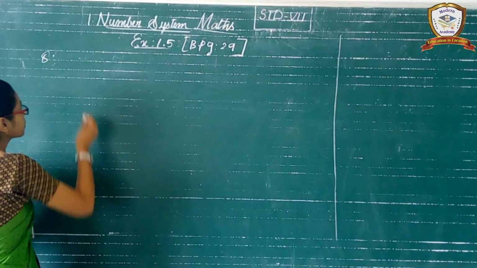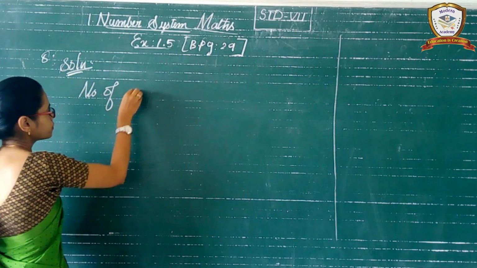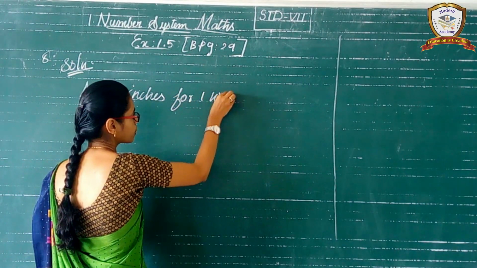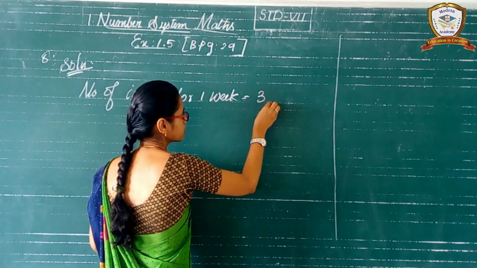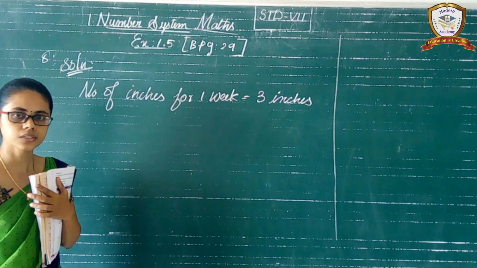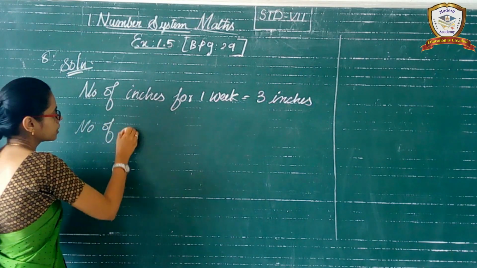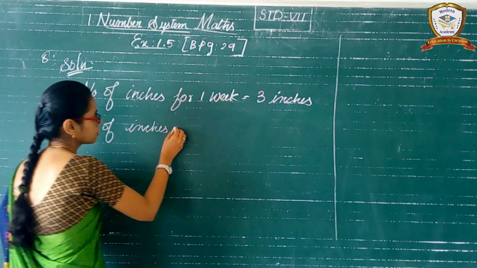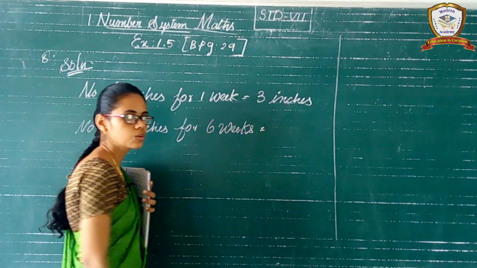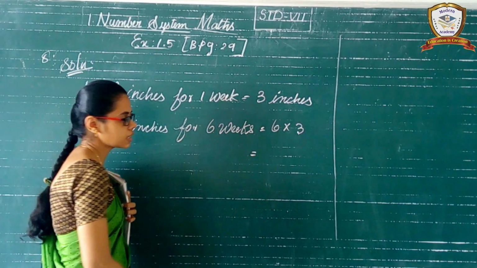So first, the number of inches for 1 week is 3 inches. We have to find the number of inches for 6 weeks, which means we multiply 6 into 3. 6 threes are 18.